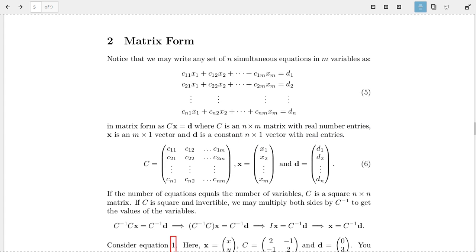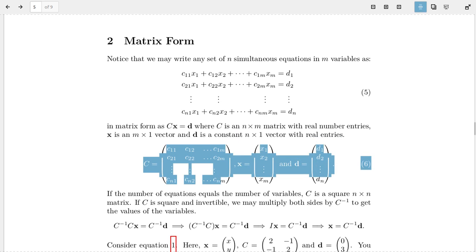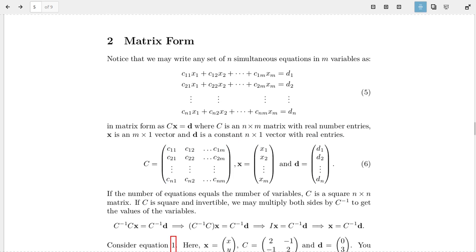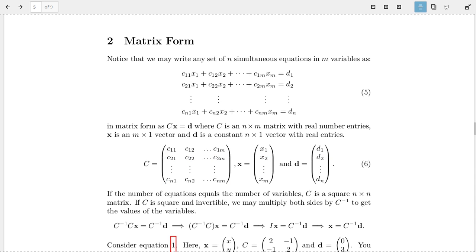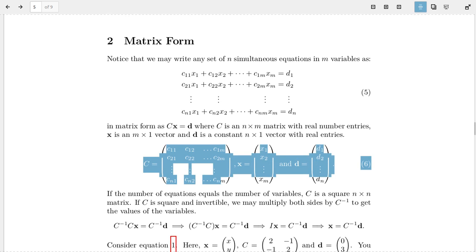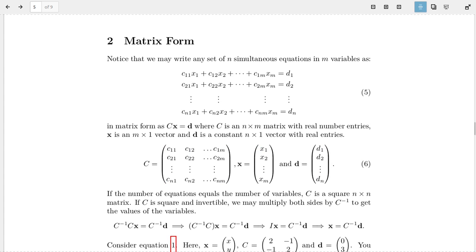I want you to work this out. If I multiply this C by this X, notice C is an n by m matrix, so n rows, m columns, and X is a vector that has m rows and 1 column.